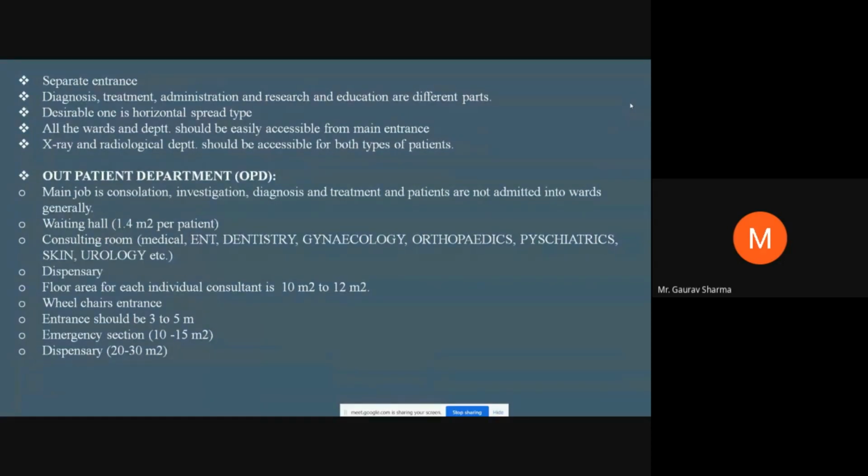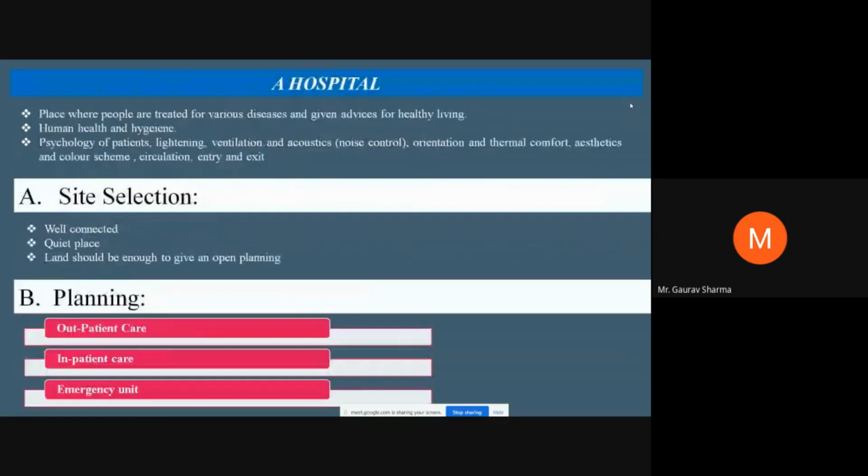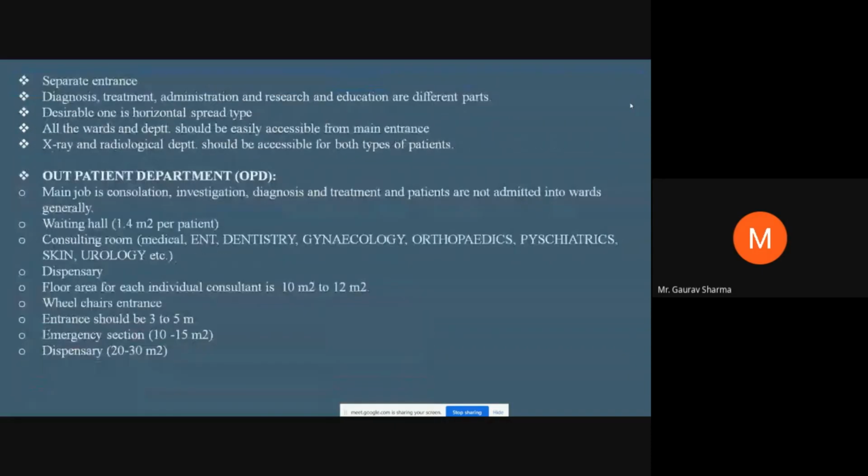Again, X-ray and radiological department should be accessible for both types of patient. By both types of patient, I am again counting those who are coming from outside of the hospital building, and those who are inside the hospital building. That is outpatients and inpatients. So they must have easy access to the X-ray and radiological department too.